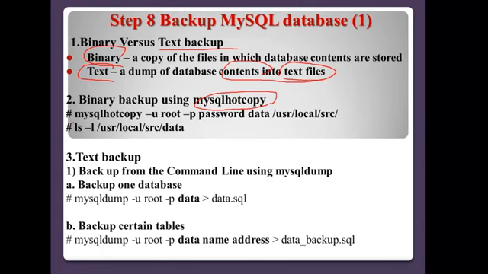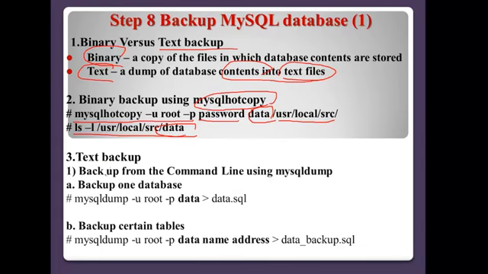Here there is the command: mysqlhotcopy, username, password, and the database name, in our case data, and now /usr/local/src will be the destination directory to save the binary backup file. After that, we can check using the command ls /usr/local/src and data like this.